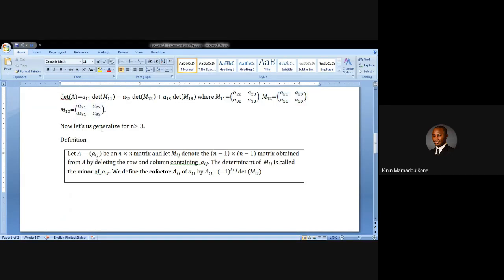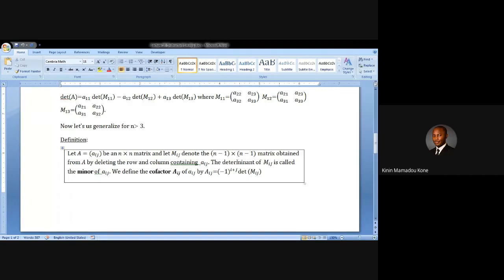Now let's generalize for n greater than 3. Definition. Let A be a matrix with ij entry, A an n by n matrix, and let M sub ij denote the n minus 1 by n minus 1 matrix obtained from A by deleting the row and the column containing a sub ij, the entry a sub ij.